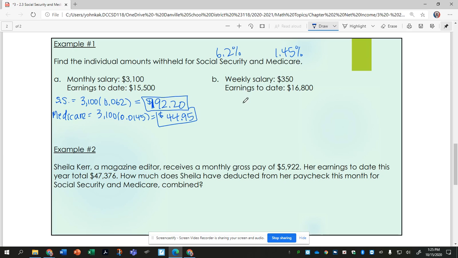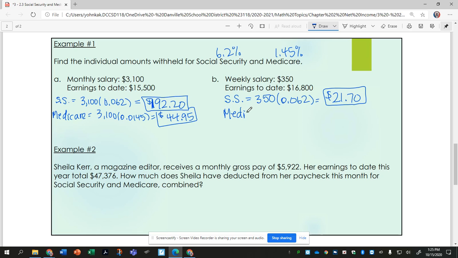Okay, weekly salary, $350, earnings to date, $16,800. To find the Social Security benefits, you're going to take your weekly salary, $350, and multiply by 0.062. That's going to give $21.70 taken out of your paycheck every week for Social Security.